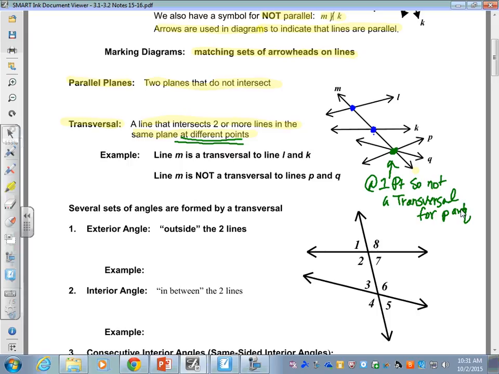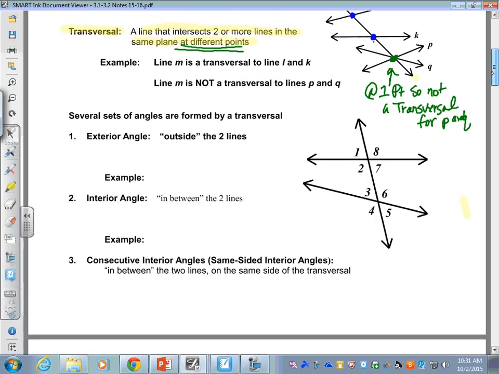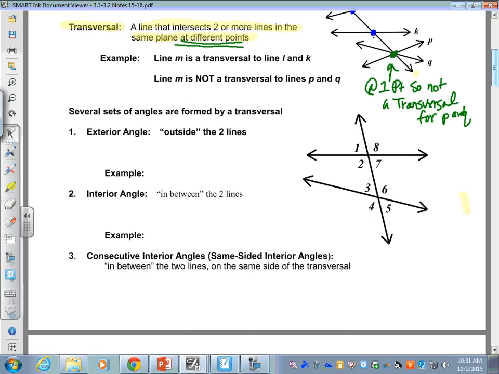Alright, so we're going to look at several sets of angle pairs, new angle pairs, and angle relationships that we're going to add on to what we already know about linear pair, vertical, supplementary, complementary, are those that we used this 6 weeks. So what I want you to do, to help you see the angle pair, and I know this picture probably needs to be repeated, but I'm going to go ahead and just highlight my interior. The interior is going to be between the lines, between my two sets of lines, okay?